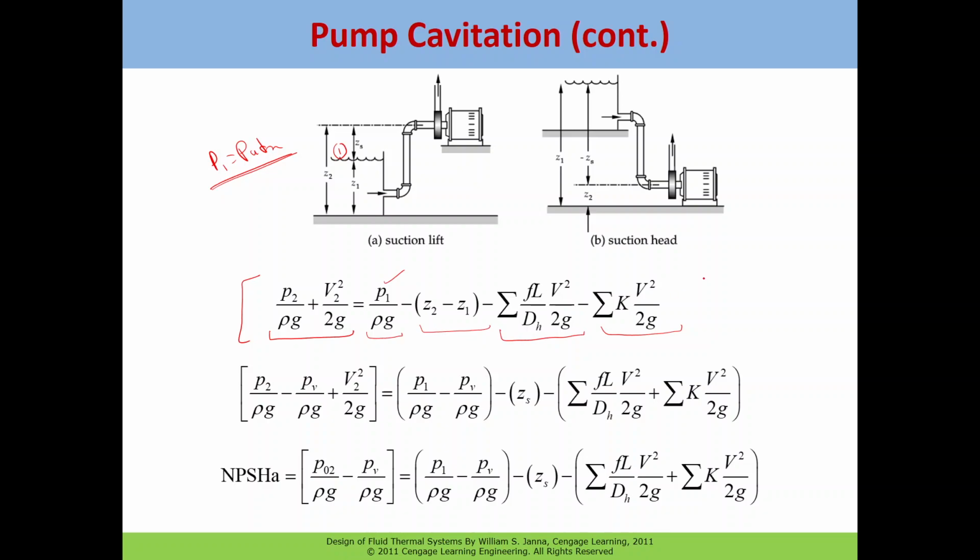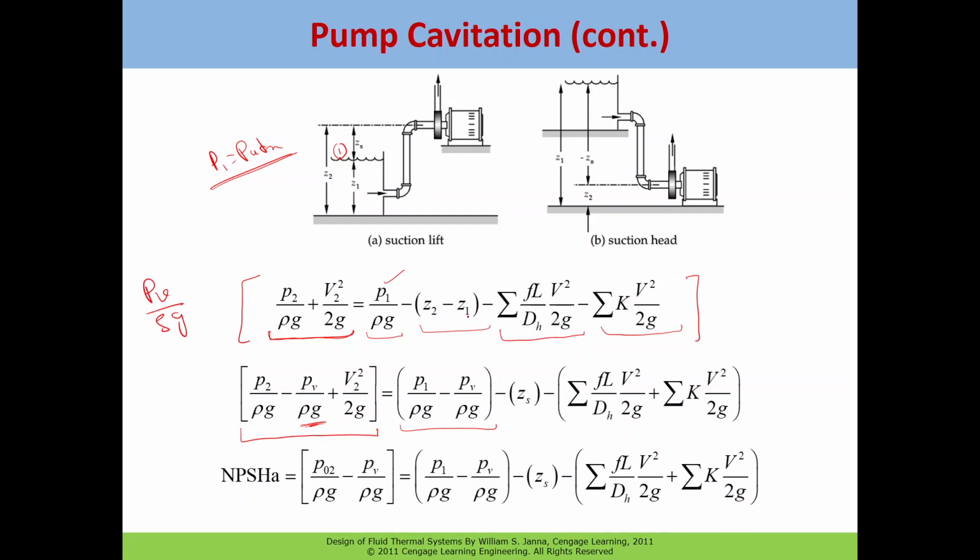So this is the equation that we can get after shuffling the terms from the modified Bernoulli equation. Then we subtracted this term, PV over rho g, from both sides. So now on the left hand side you have three terms, and we subtracted PV over rho g from the right hand side also to balance the equation.